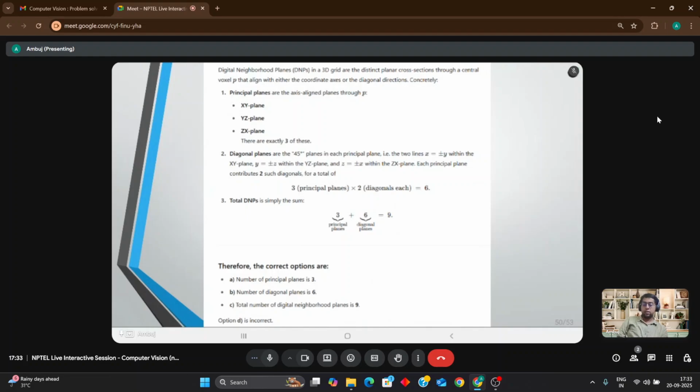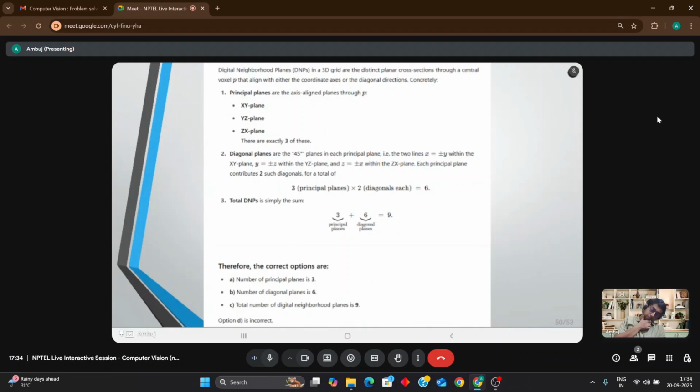Diagonal planes are 45-degree planes in each principal plane, that is, two lines: x equals plus or minus y within the xy plane, y equals plus or minus z within the yz plane, and z equals plus or minus x within the zx plane. Each principal plane contributes two such diagonals, a total of 3 times 2 equals 6.